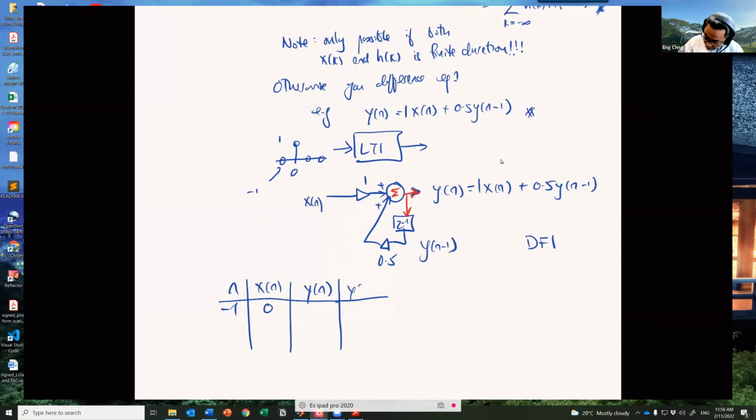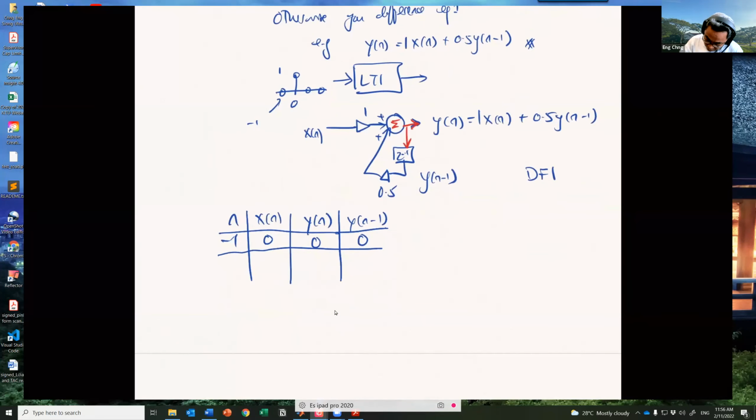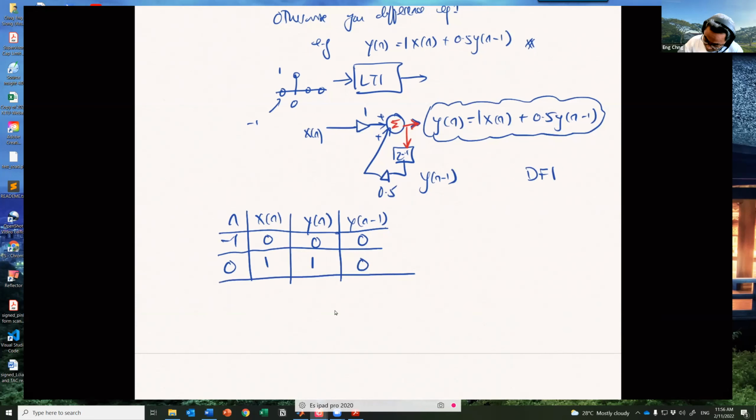And what is y[n-1]? We assume that the memory of all this is 0. So it means that the output is 0, the memory is 0. Nothing is happening, and since there is no input, the output is 0. Times 0, we get 1. Then the output, you follow this equation. And then, of course, we get y[n] is 1, this is 0. So after that, of course, you'll realize that I'm shifting.